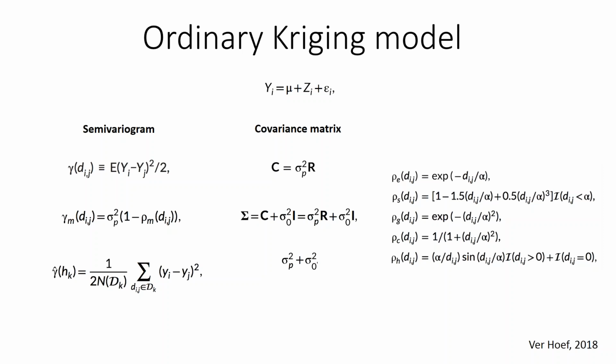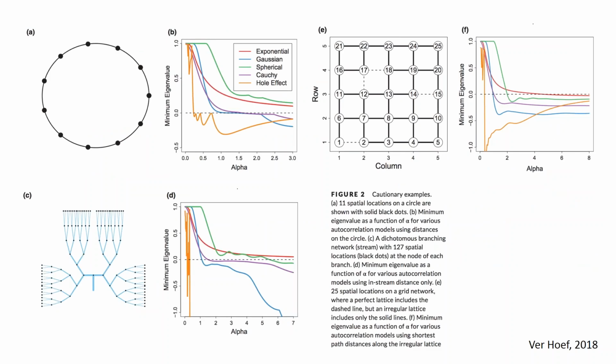In a lot of cases, people use non-Euclidean distance in these correlation functions, which might cause a problem because the covariance matrix is not guaranteed to be positive definite. The authors provide a few examples. In figure A, for example, you have a circle with several points on it.